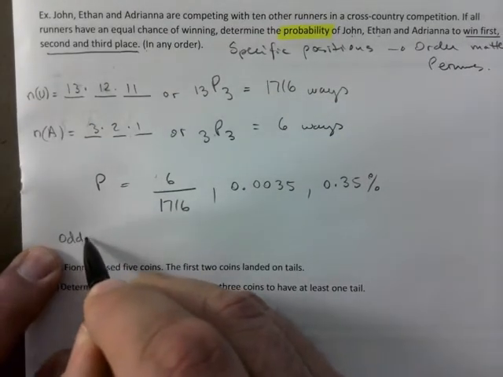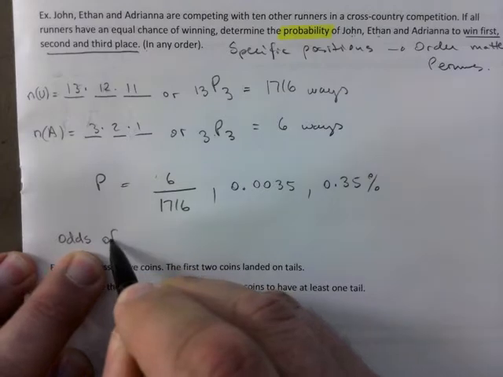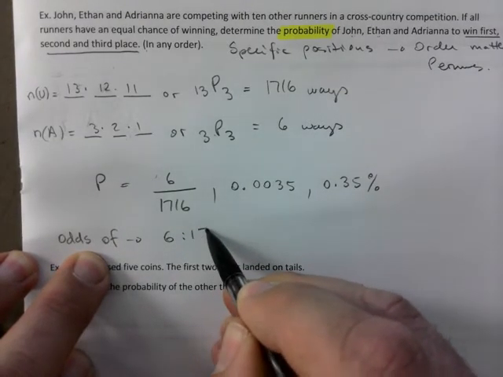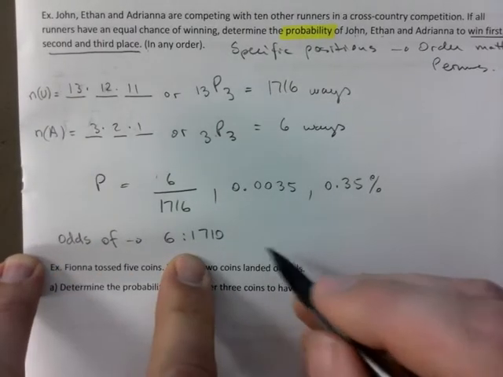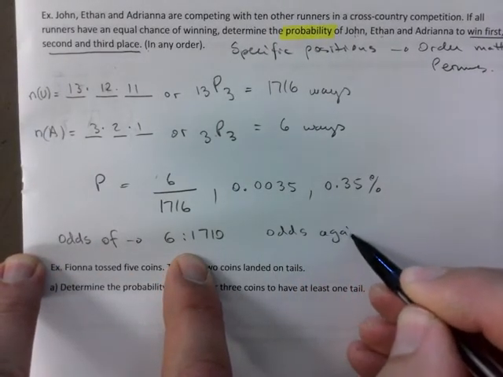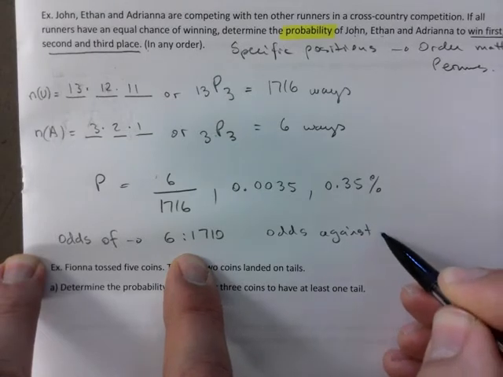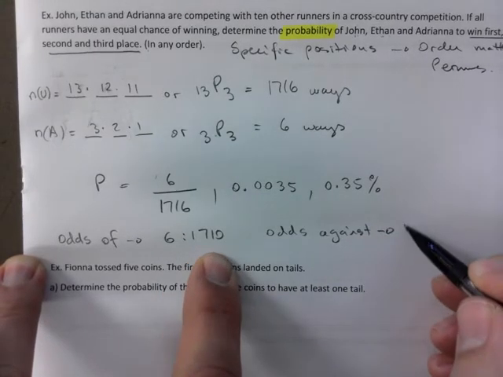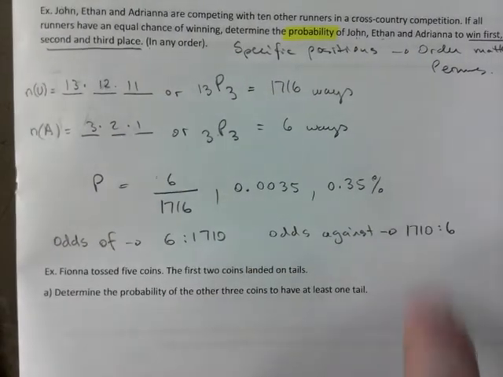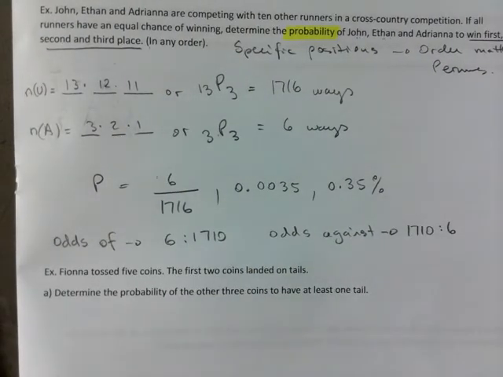Okay. You want to do odds? Odds of would be 6 to 1710, right? Odds against would be just flipping this, 1710 to 6.